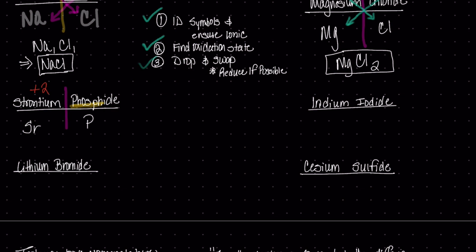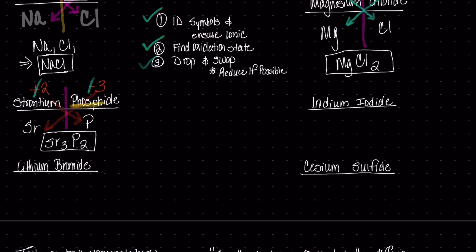We know phosphide comes from phosphorus within 5A, so that's -3. I drop the charges, drop my plus or minuses, and I swap the numbers. Sr3, P2. And those don't reduce either. Capiche? So far, it's pretty easy.